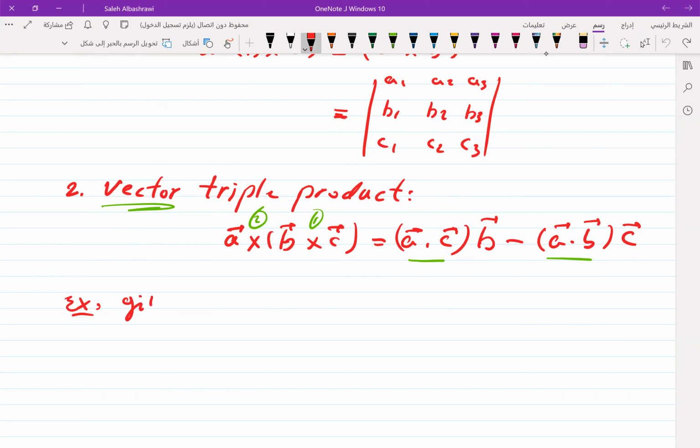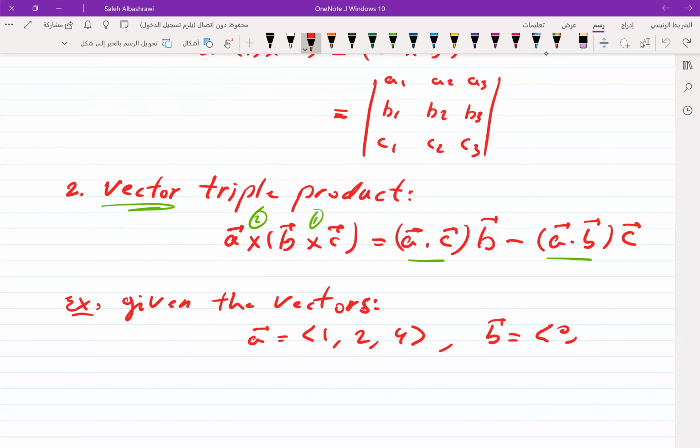Given the vectors A is 1, 2, 4, B is 0, minus 4, and 5, C is 6, minus 1, and minus 2.